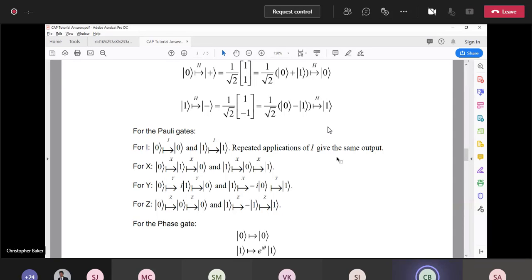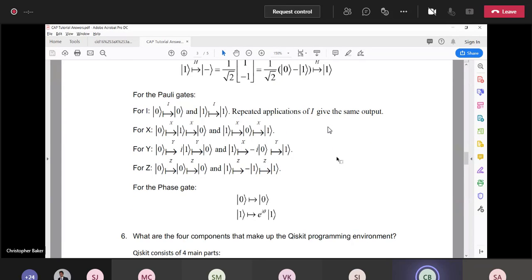For Y, 0 goes to i|1>, and 1 goes to negative i|0>. And for Z, 0 goes to 0, and 1 goes to negative 1, after the repeated applications of these gates.